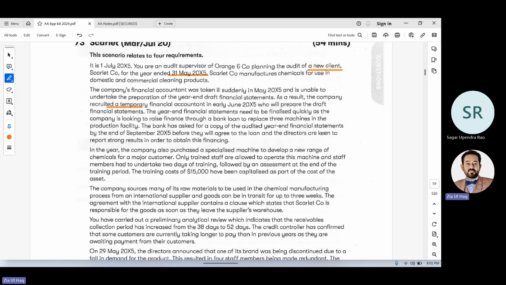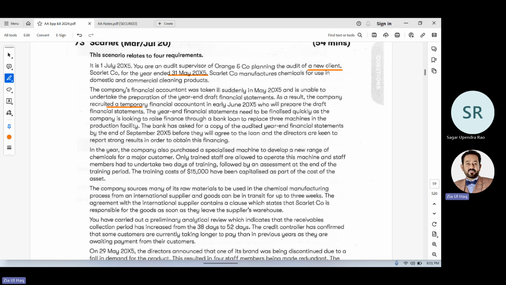In the year, the company also purchased a specialized machine to develop a new range of chemicals for a major customer. Only trained staff are allowed to operate this machine, and the staff member had to undertake 2 days of training, followed by an assessment at the end of the training period.